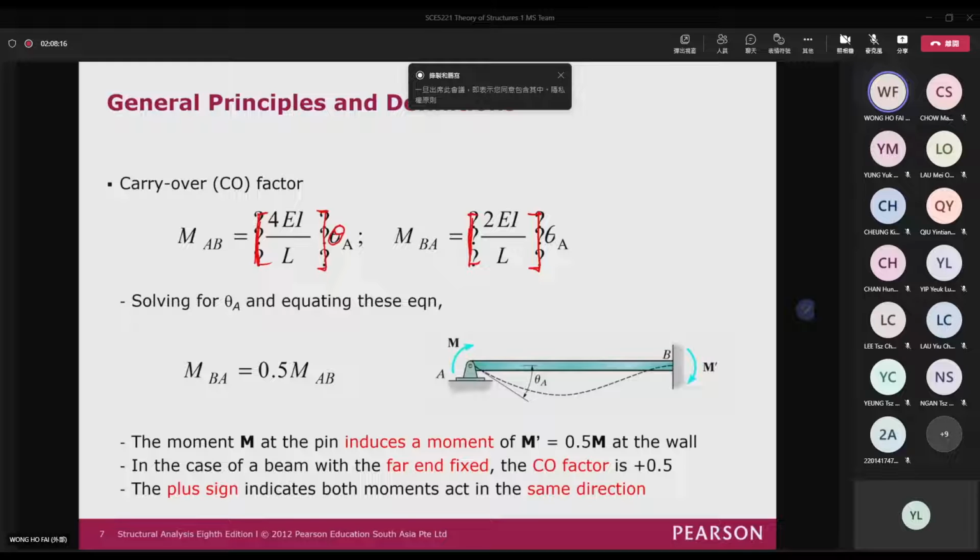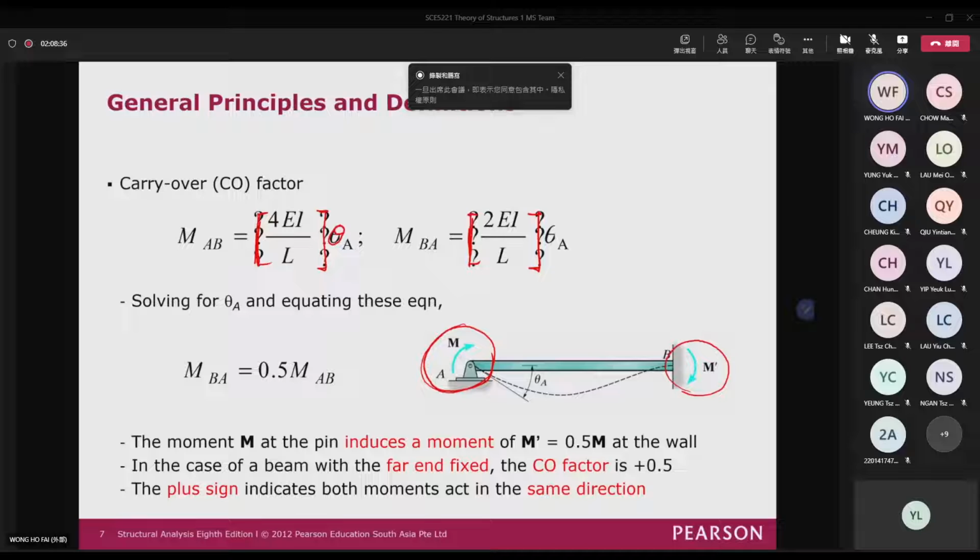I just would like to let you know a concept first. For carryover, what is carryover? When you have a moment applied on one side of the beam, right here you can see that there's a moment applied. Carryover means that there will be a moment on the other side of the structure.